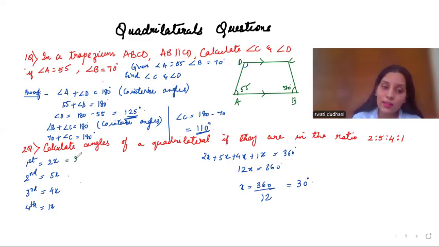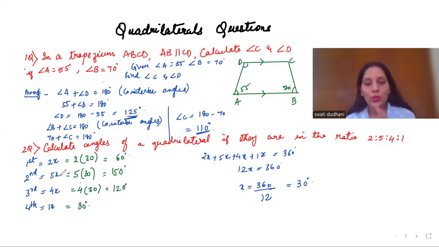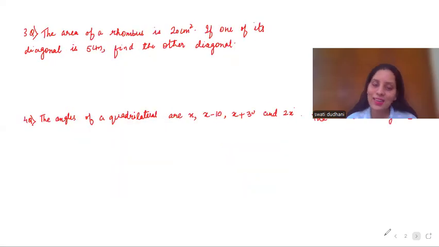First angle is 2x, that means 2 into 30, which is 60 degrees. Second is 5 into 30, which is 150 degrees. Third is 4 into 30, which is 120 degrees. And the fourth is 30 degrees. You can also check your answer. If the sum of all the angles is 360, that means your solution is correct.